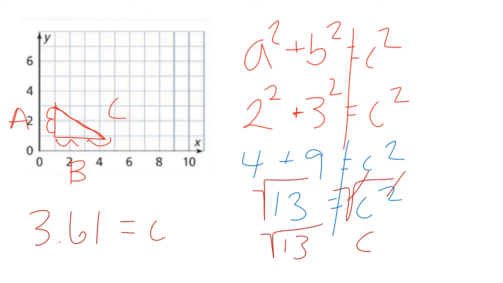Okay, so what does that tell us as far as the original problem? We know that the length from here to here, C, let's just draw that line one more time, the length from here to here is 3.61 centimeters.